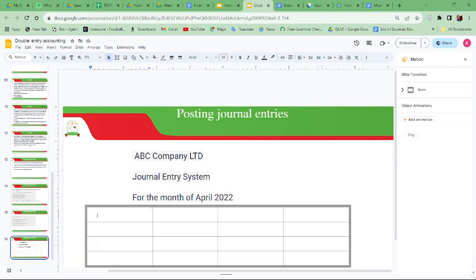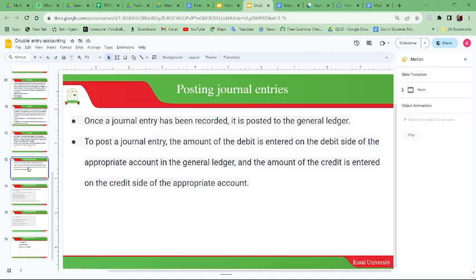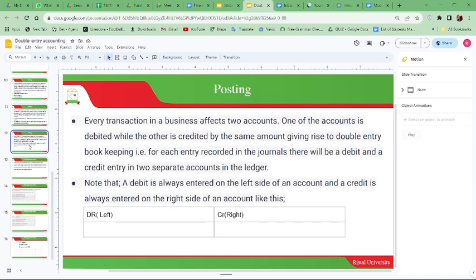Here you have to put the date. Remember, we looked at how we are supposed to generate it.